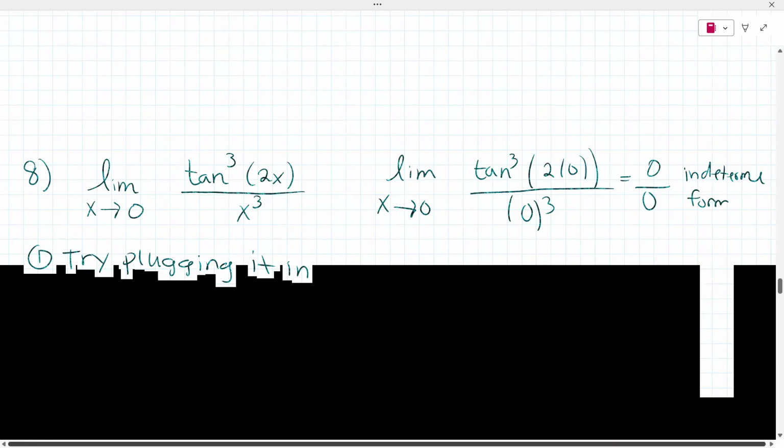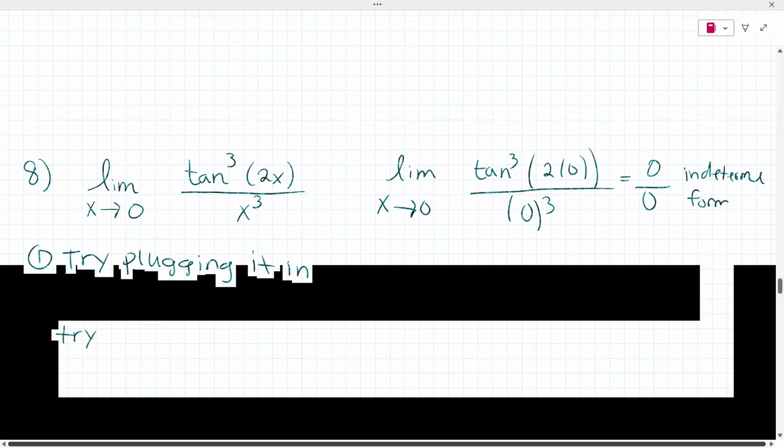So I'll use that rule. We're going to try to use the limit of sine of a of x over b of x.